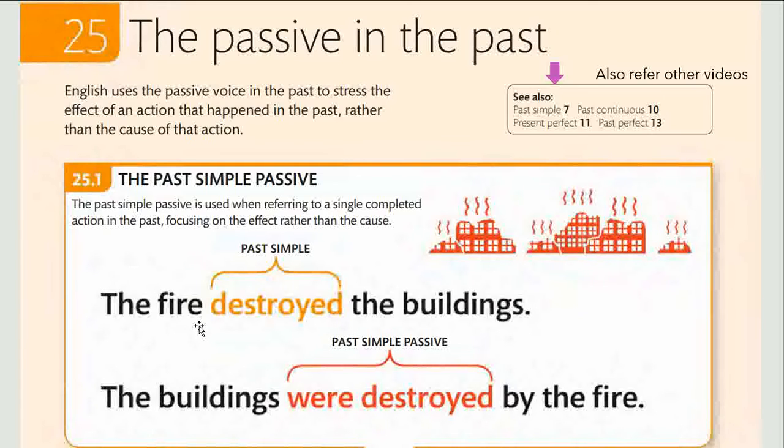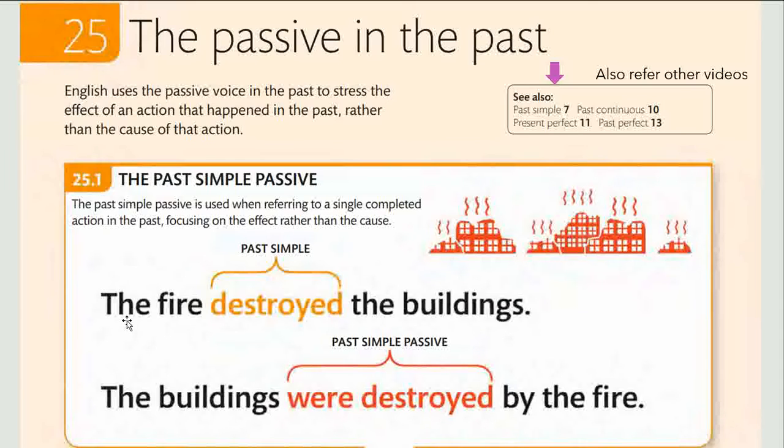The fire destroyed the buildings. Over here, destroyed is simple past, or past simple. And we can see in the second sentence, the buildings were destroyed by the fire. Were destroyed is simple past but passive.